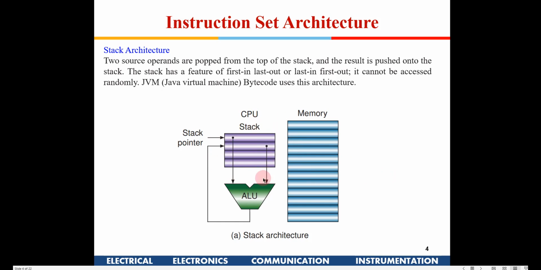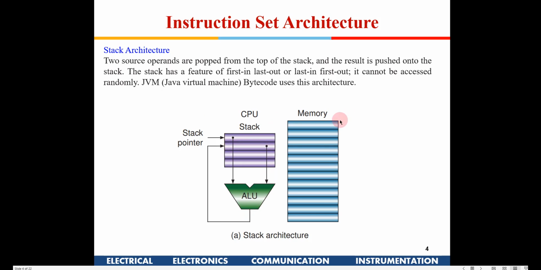This one is known as a stack architecture. This is very rarely used. It was used only in the JVM, the Java Virtual Machine, in which the ALU gets inputs only from a stack register. It takes data from the stack, computes, and gives the result back to the stack.